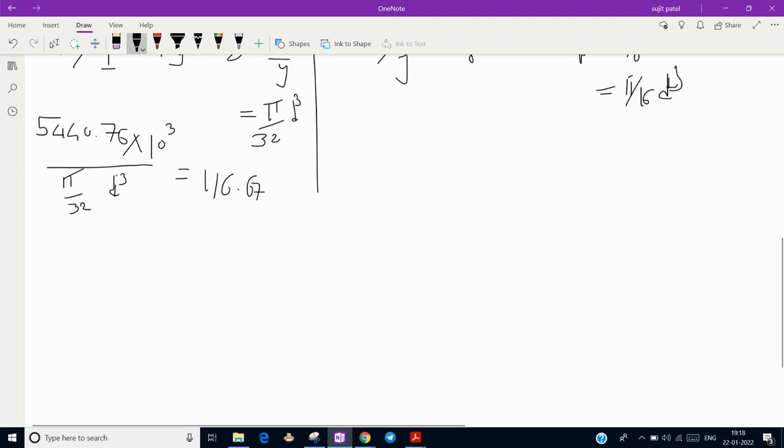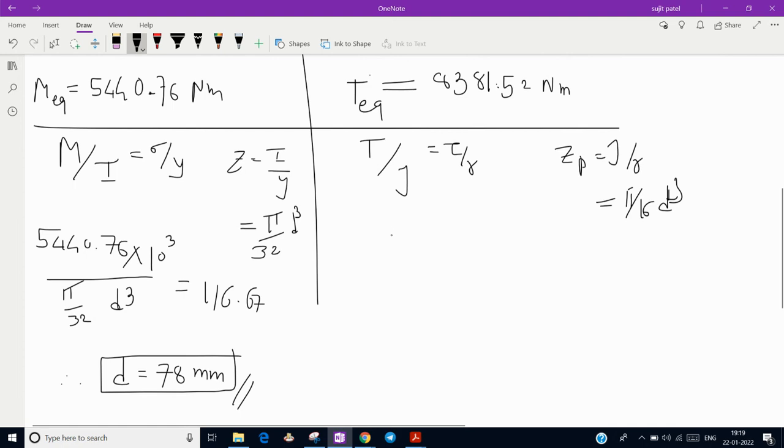So whatever diameter you get will be in mm. If you solve in the calculator, you will find that the diameter turns out to be, the nearest integer value, 78 mm. Keep this result in a box and now solve for torque.